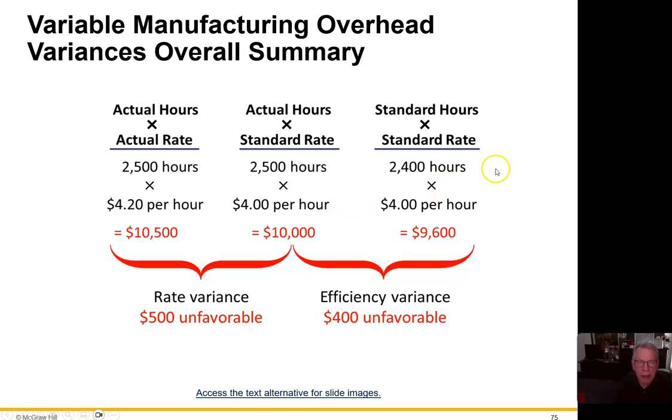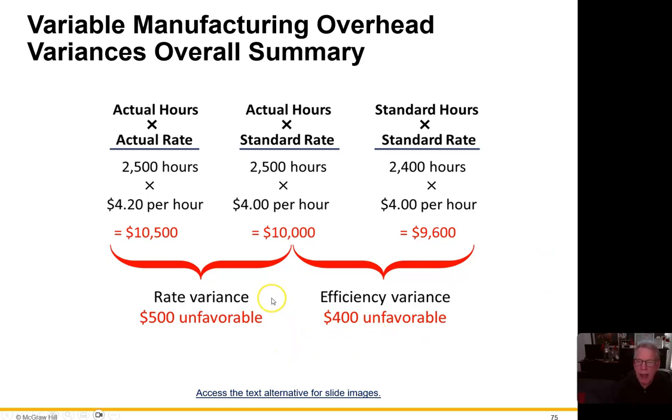Now over on the right-hand side, our standard was 1.2 hours times the 2,000 parkas that we made to get the 2,400 standard hours, and our standard rate was $4 per hour.